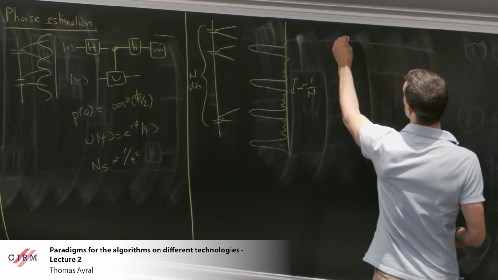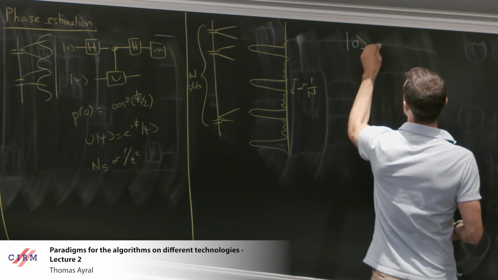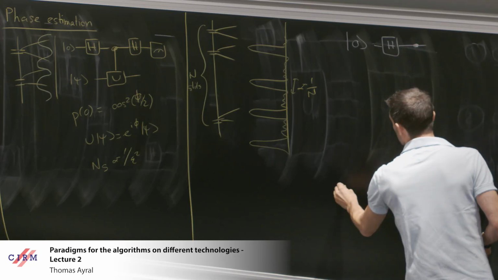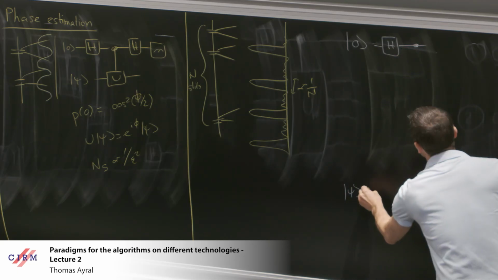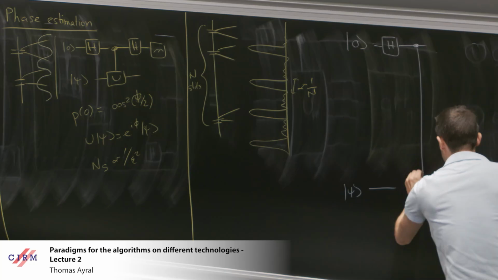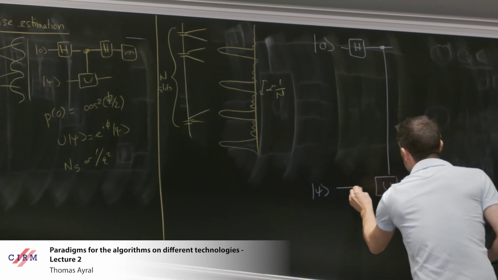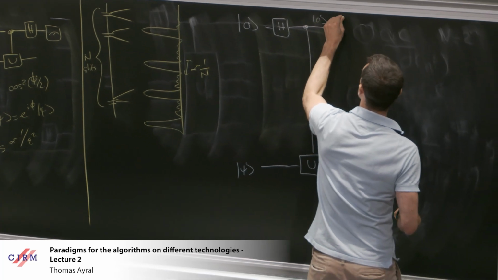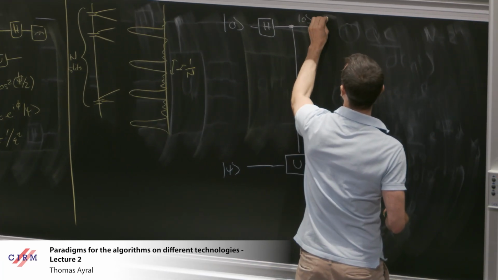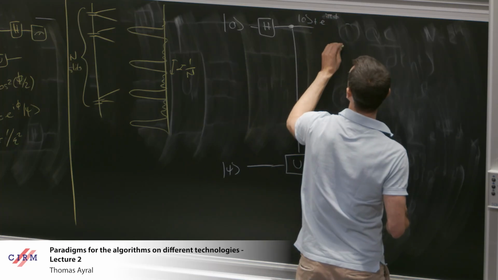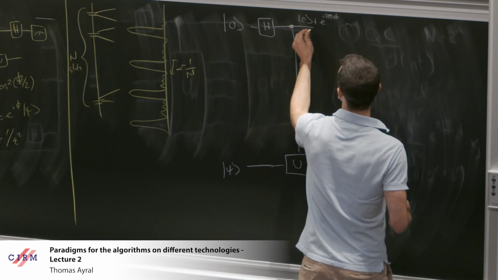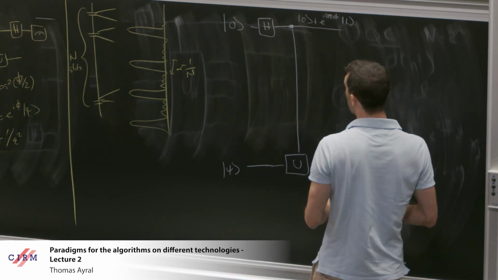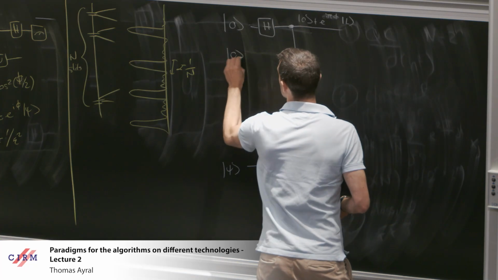I'm going to start with, so this is my first slit. It splits, so I'm going to put the vector here. So first, I create a dephasing here, 0 plus exponential of 2 i pi, or let's say i pi phi. So this is the dephasing that I create here. And now I want to have a second slit.